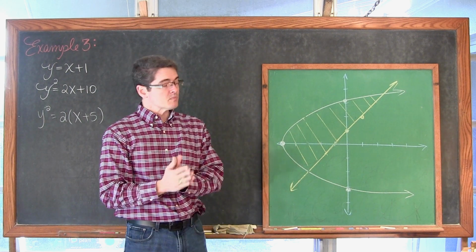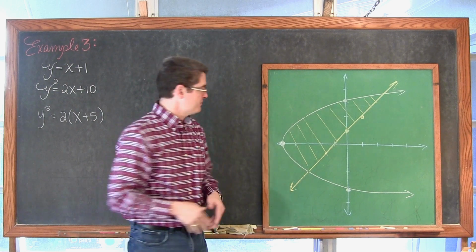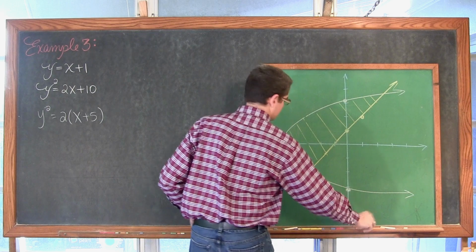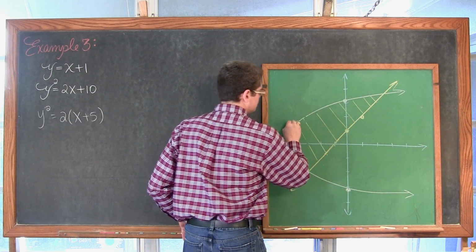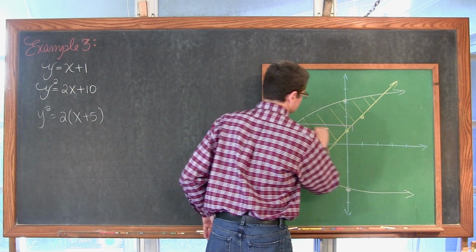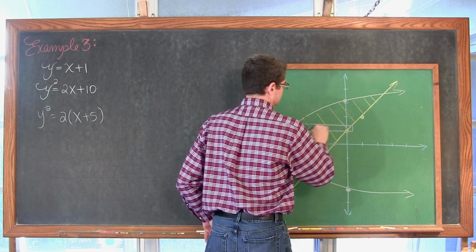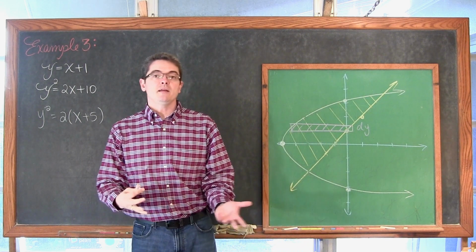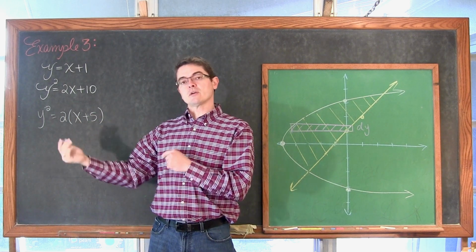So we're going to do this problem with horizontal representative rectangles. So we're going to be basically using stuff like this. Sort of, right? With a dy.